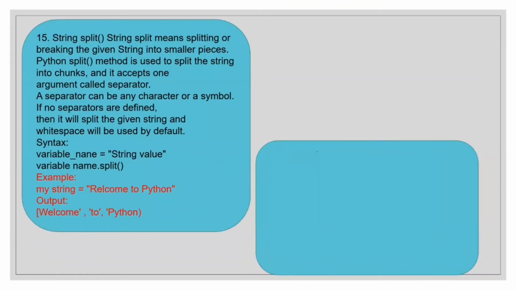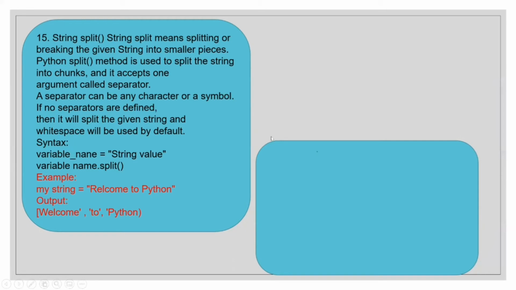Then we have string dot split. What does this do? As the name suggests, it is splitting or breaking the given string into smaller pieces, from the point where we want it to split.